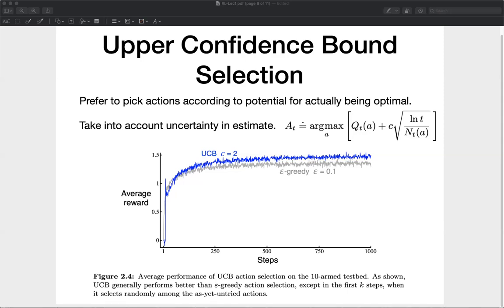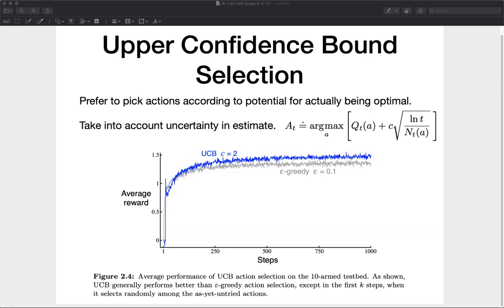So the more times you picked it, the uncertainty is less, and so you say its current estimate is probably good. The fewer times you picked it, the uncertainty is bigger, and so you take your current estimate and add on to it an uncertainty value. So in other words, pick the upper confidence, like the 95% confidence interval, like assign its value to be optimistic, to be at the upper end of that confidence interval. And so those arms are going to get picked, right? Because it's a current value plus its uncertainty, okay?